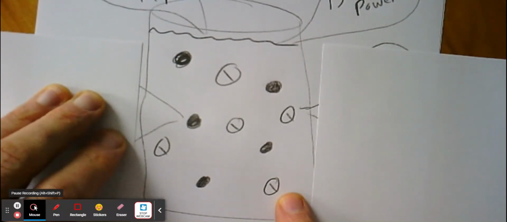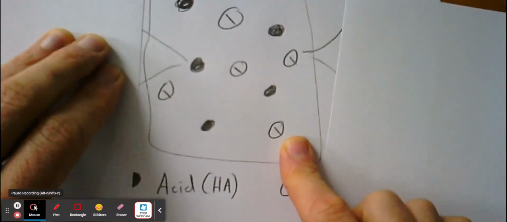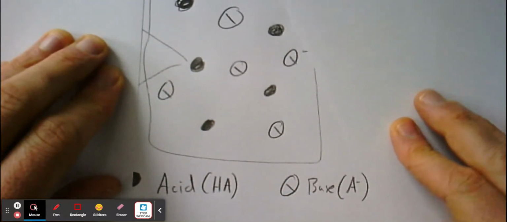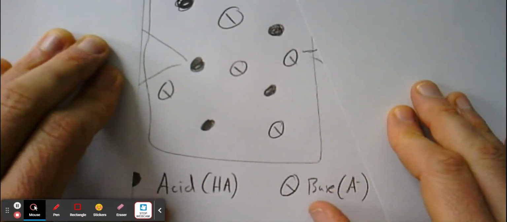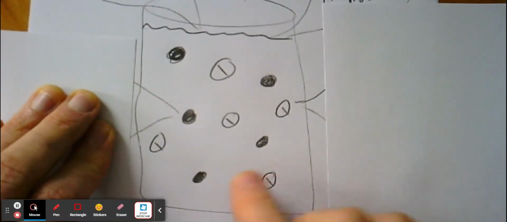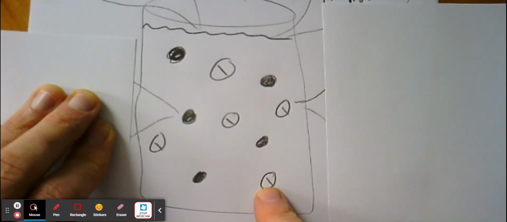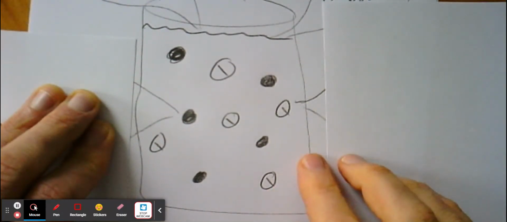I'm drawing an acid and its conjugate base, and I'm leaving out the spectator ion of my conjugate base. It's often a group 1 metal, and if it's a base with an acid, it's often a group 17 ion, like chlorine or fluorine.